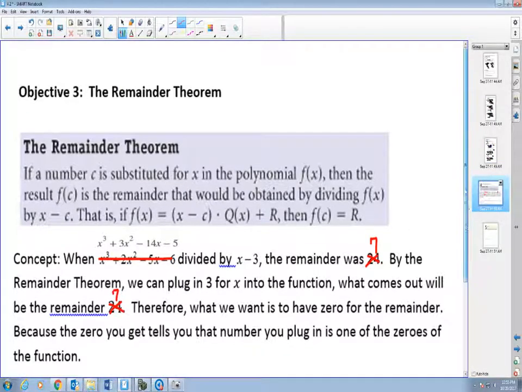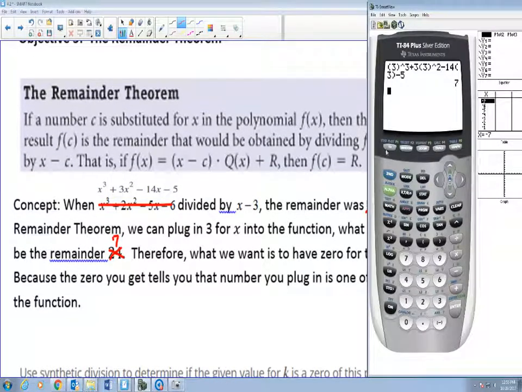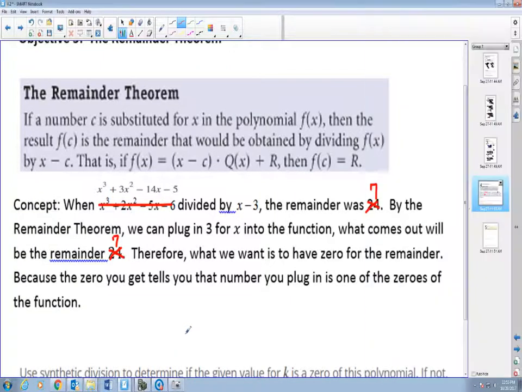Now what will happen if I go to my graphing calculator and graph this function? This is x to the 3rd power. So by the leading term test, I should have the right side going up and the left side going down.